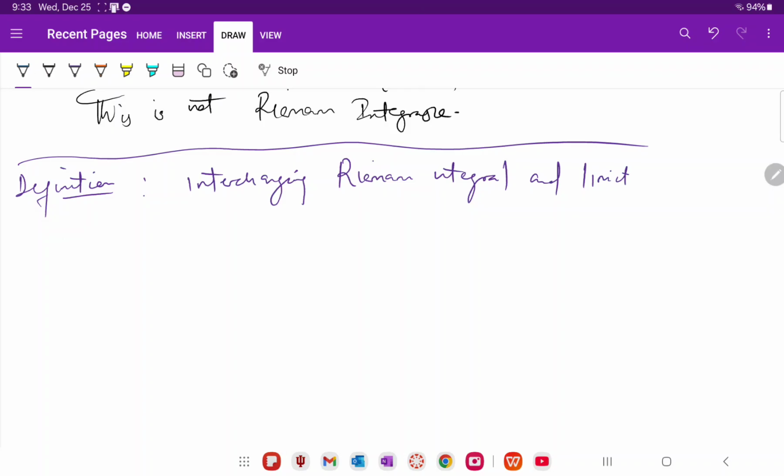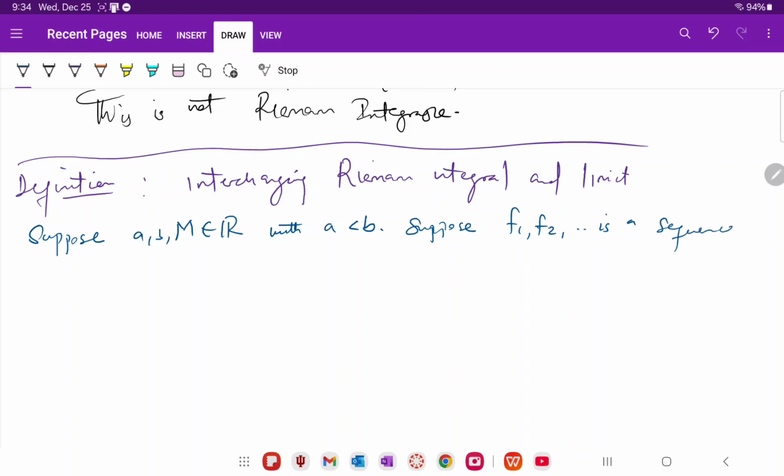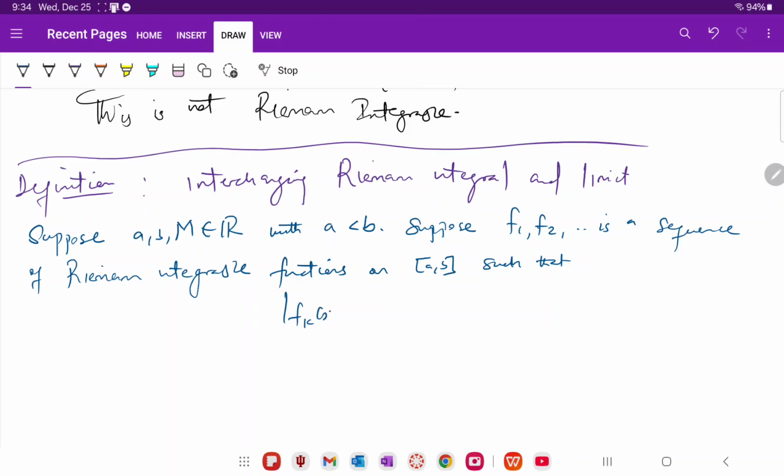Suppose a, b belong to R with a less than b, and suppose we have a sequence of Riemann integrable functions f_k on [a, b] such that the function is bounded by M for all positive integers k and all x that belong to [a, b].